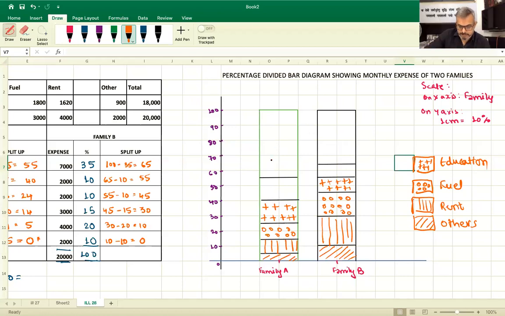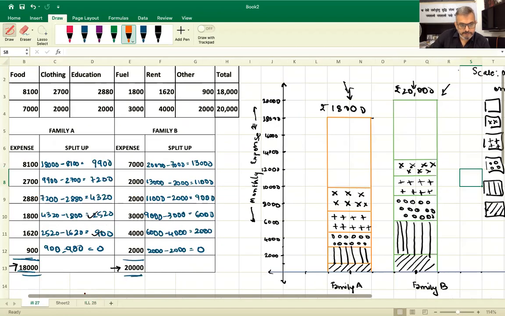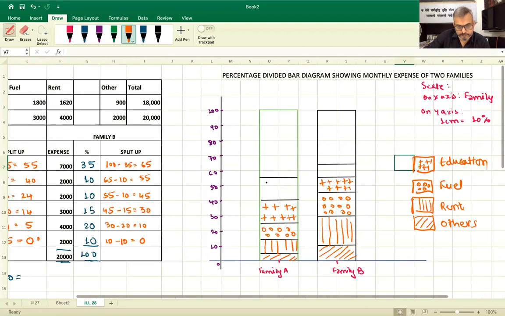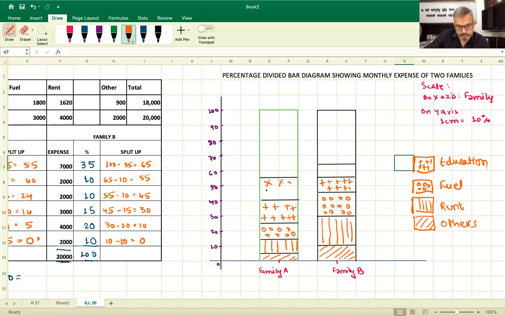Then next is clothing. Clothing we use cross. And then we keep it blank. Blank is food.